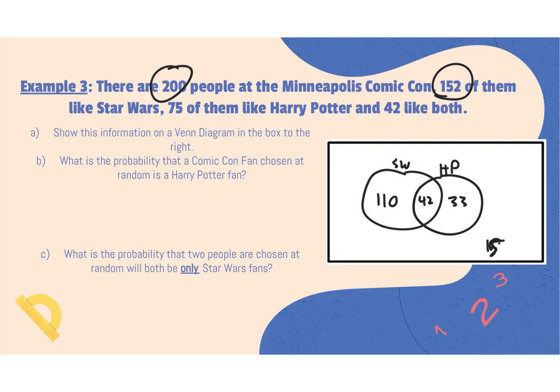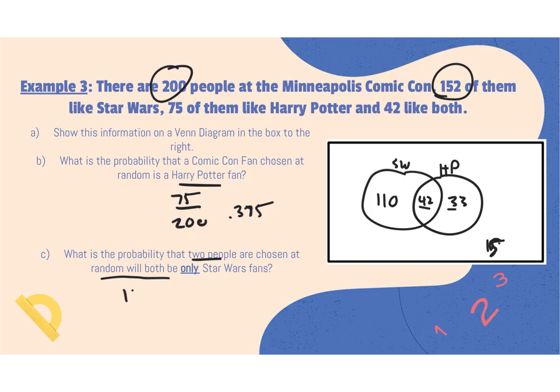What is the probability that a Comic-Con fan chosen at random is a Harry Potter fan? Harry Potter is these two, so that's 75 out of 200, or 0.375. What is the probability that two people chosen at random will only be Star Wars fans?